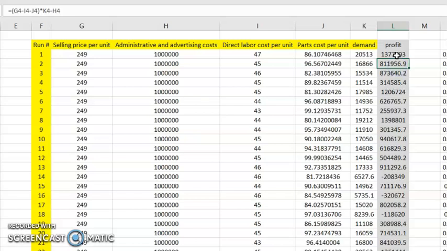Now we have the profit of this system simulated for 1000 runs, and now we just need to start some sort of analysis on them to make decision.